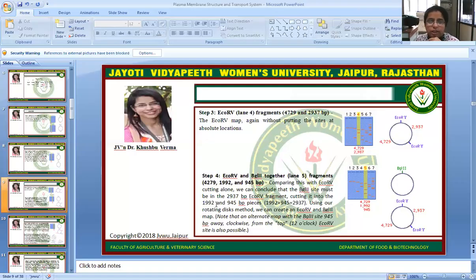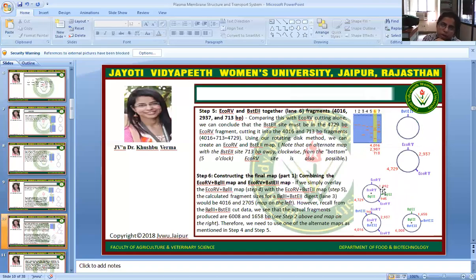Using our rotating disk method, we can create an EcoRV and BglII map. An alternate map with the BglII site 945 base pairs away clockwise from the top EcoRV site is also possible. Here we can see the sites.